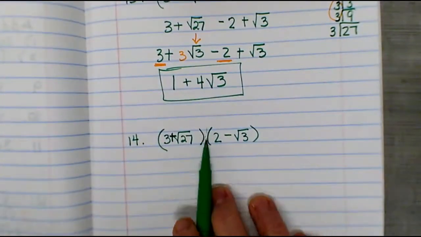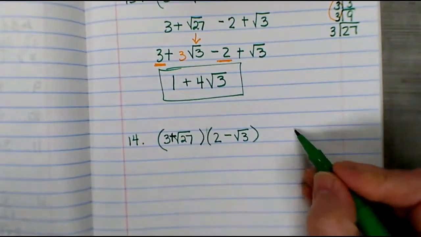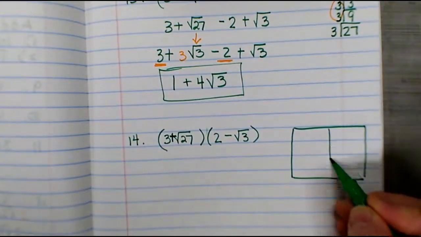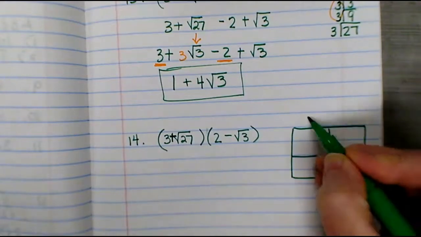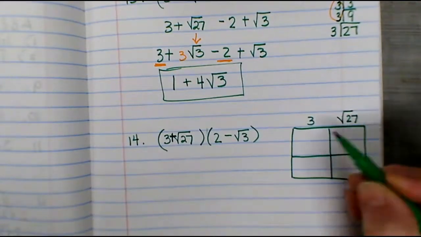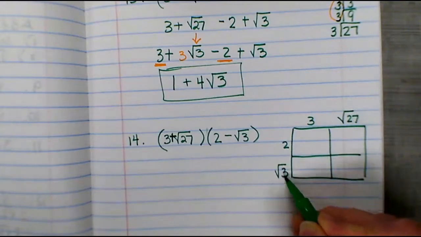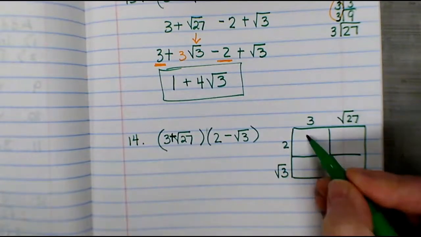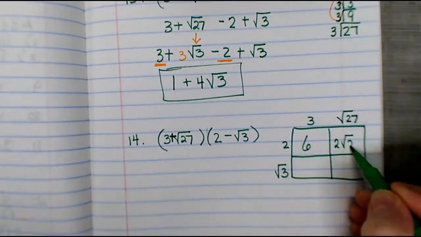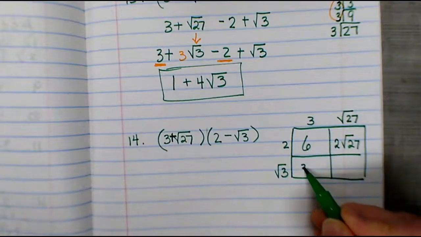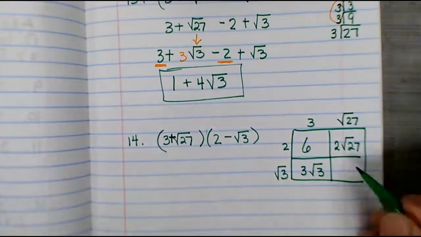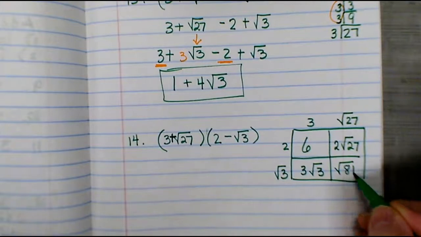If you don't have an adding or subtracting sign in between the parentheses, then this means it's a binomial times a binomial. So 3 times 2 is 6, 2 square roots of 27, 3 square roots of 3, and the square root of 81.